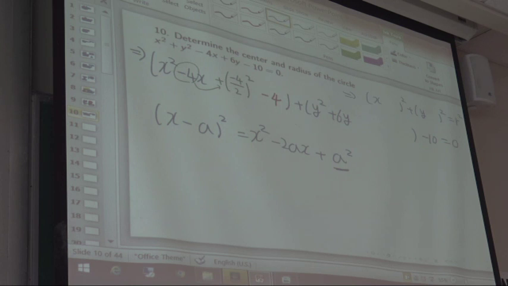To determine this constant, take this number, which is negative 2a, divide by 2 and square that, which gives a squared. So take this negative 4, divide by 2 and square that. This number is what we need. And then subtract the same number.